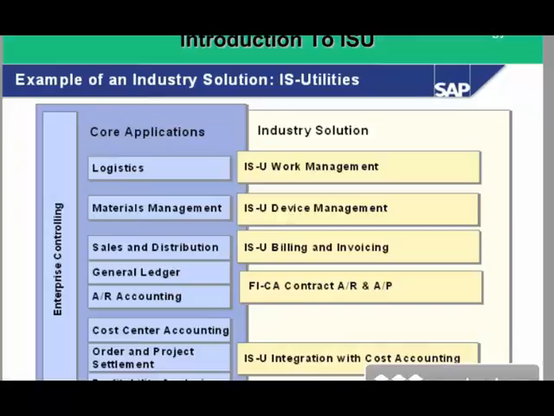This is the interlinking of ISU modules with SAP ISU core applications. You can see there is the industry solution, there is the core application, and all these core applications are one way or another linked with these SAP ISU modules. Once you go deep into these modules, you will see how R3 and ISU modules are interlinked.